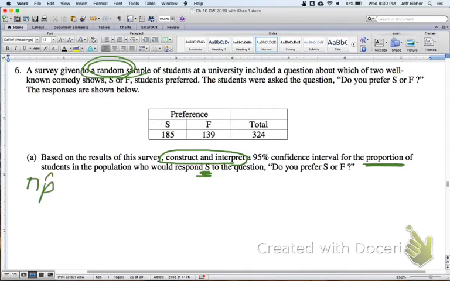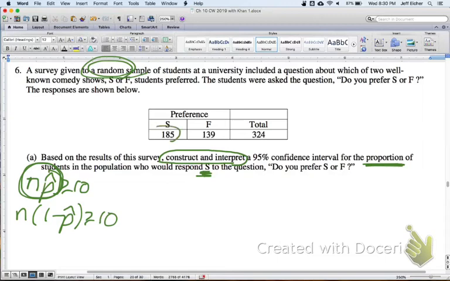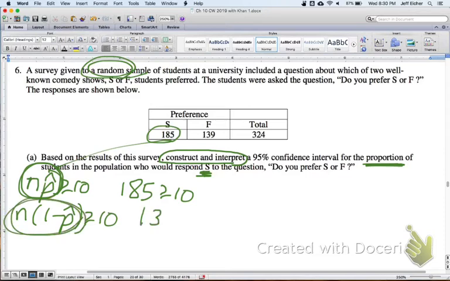n times p hat is greater than or equal to 10. Since this is an interval, we use p hat. And n times (1 minus p hat) is greater than or equal to 10. This n times p hat is the number of successes, which is 185, greater than or equal to 10. And this is the number of not S's, which would be F's, 139, greater than or equal to 10.